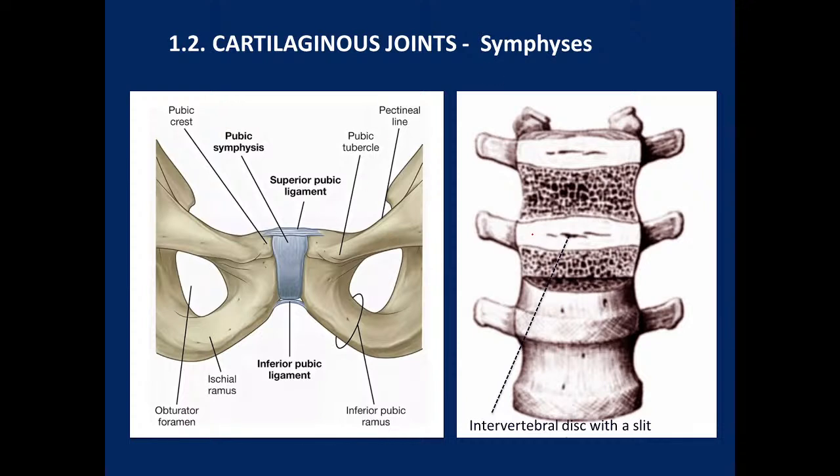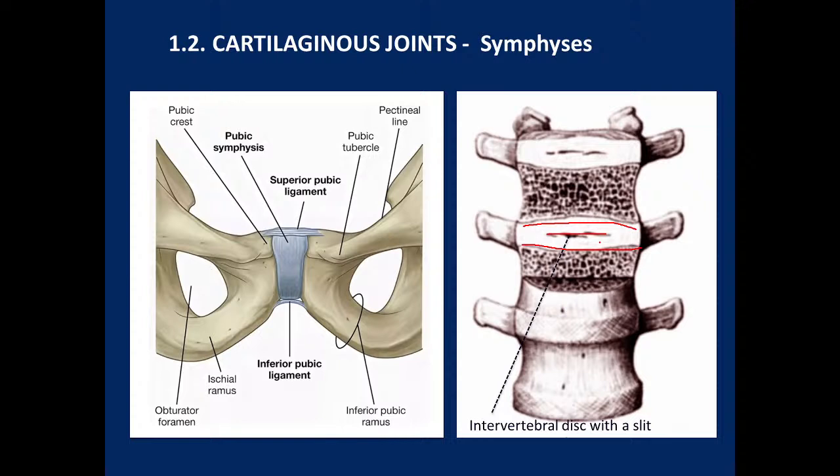Here you see the intervertebral joints, another example of cartilaginous joints. We find this type of joint between vertebrae, and it is called the symphysis. What does it mean? Actually, the symphysis is a type of cartilaginous joint where inside of the cartilage we find a gap or split.